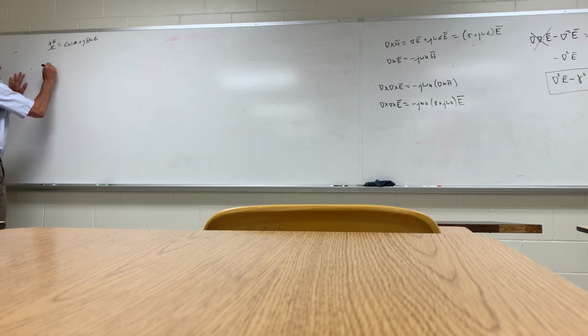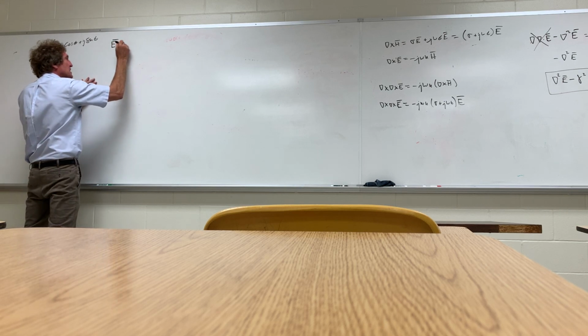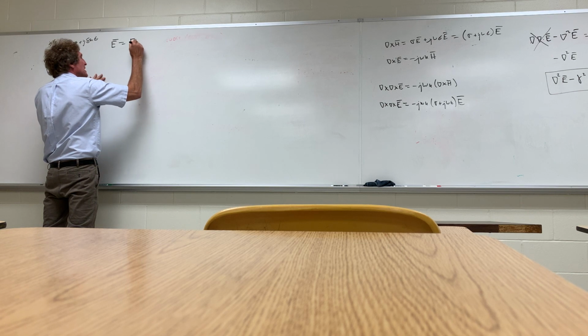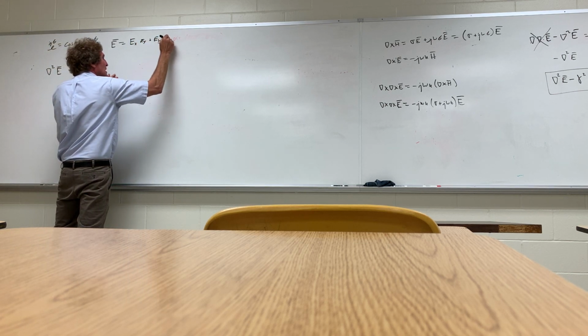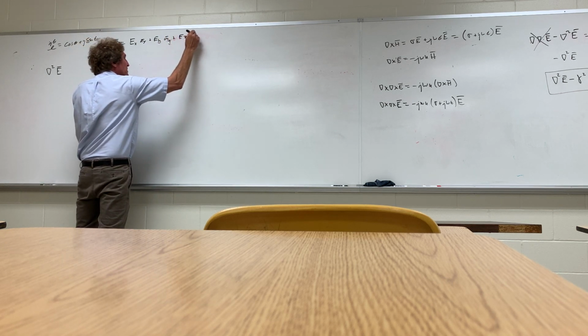When you have a del squared operation on E, E in general has three terms. In Cartesian coordinates, this has some Ex ax plus some Ey ay plus some Ez az.